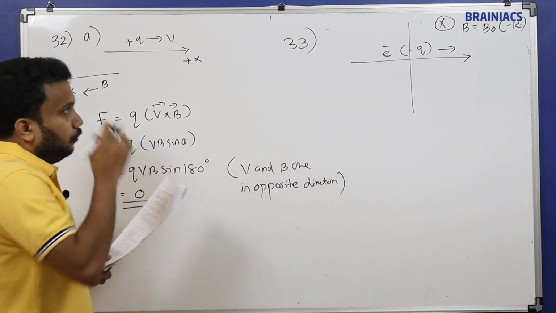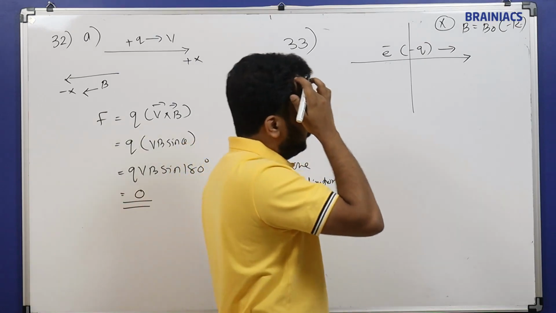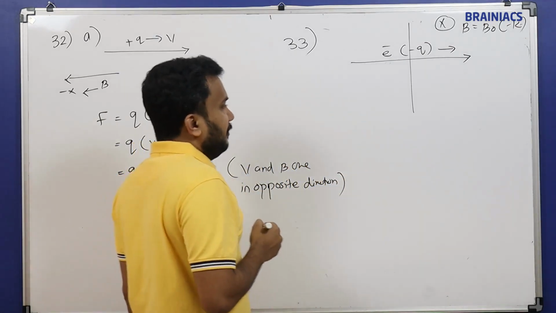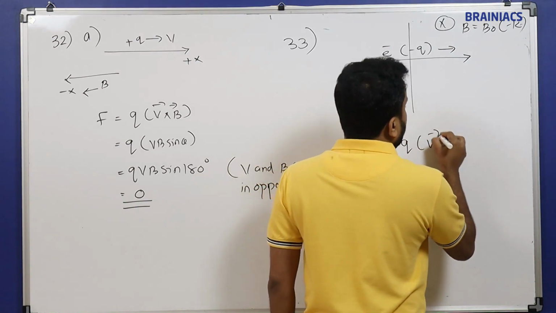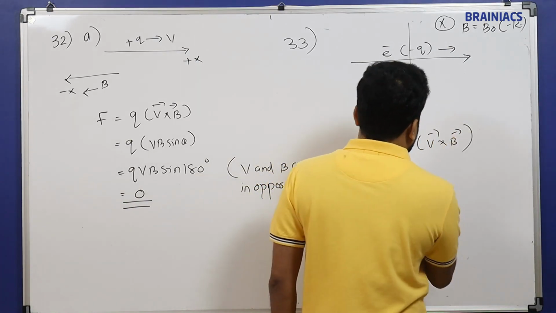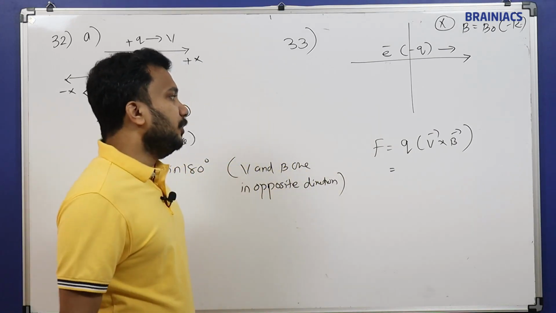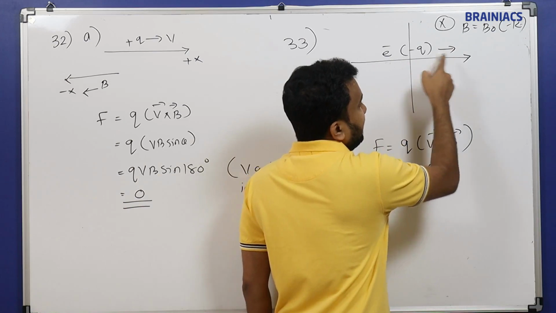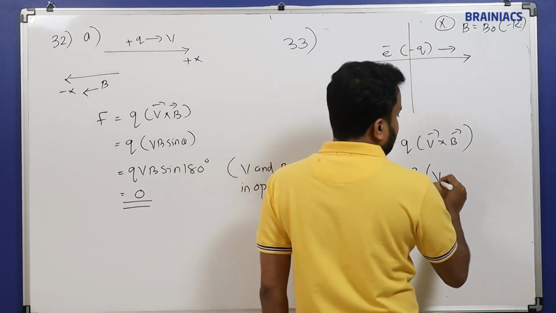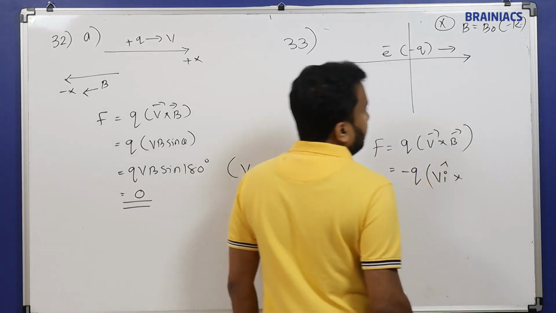Now we will apply the formula. F will be equal to q into v cross b. Here q is minus q, of course. The velocity is in the x direction, so it is v i cross b.